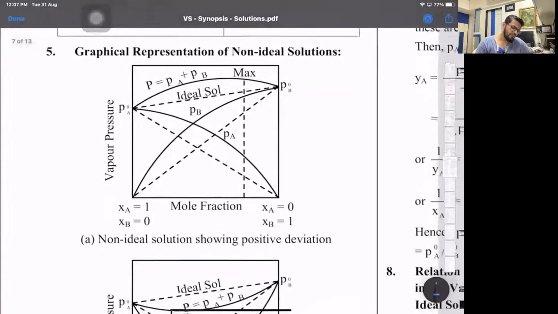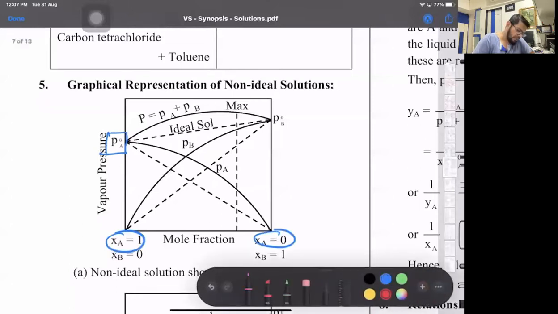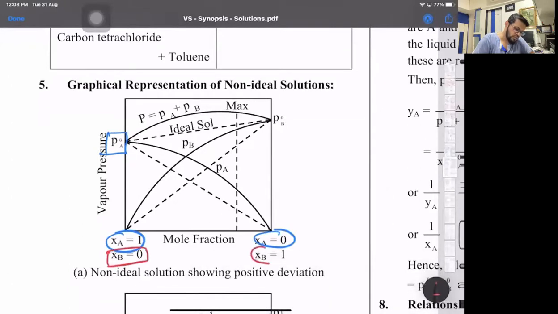Then the graphical representation of both. Now look at that part. This is what I call the first graph, what you see on top. This is of positive deviation, because XA goes from 0 to 1. That was the curve, and it forms an intercept P naught A. Same way, for B, it starts from XB 0 and goes till mole fraction 1, forming an intercept P naught B. So this is what the ideal solution should have been.